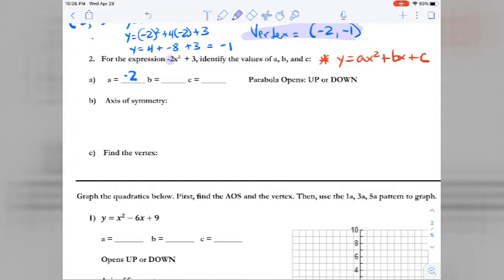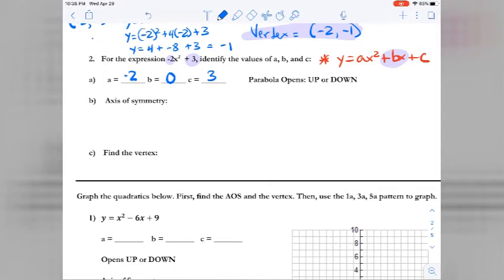But what we're missing is our plus bx term, because there's nothing with a single x. All that means is that our b is 0 because there is no bx term. And then our c, our constant, is 3.